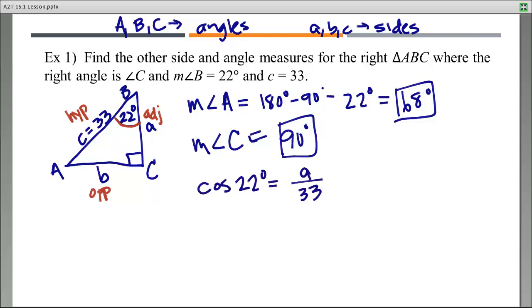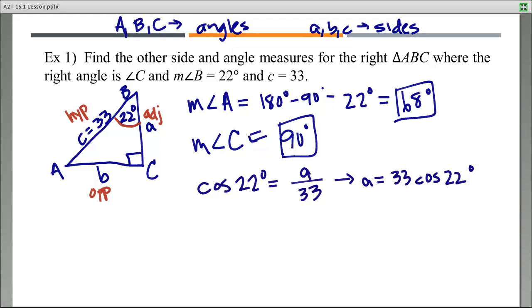And then you multiply by 33 on both sides so that a is equal to 33 times the cosine of 22 degrees. And you are going to put that in your calculator. Make sure your calculator is in degree mode. We're going to round to 2 decimal places.